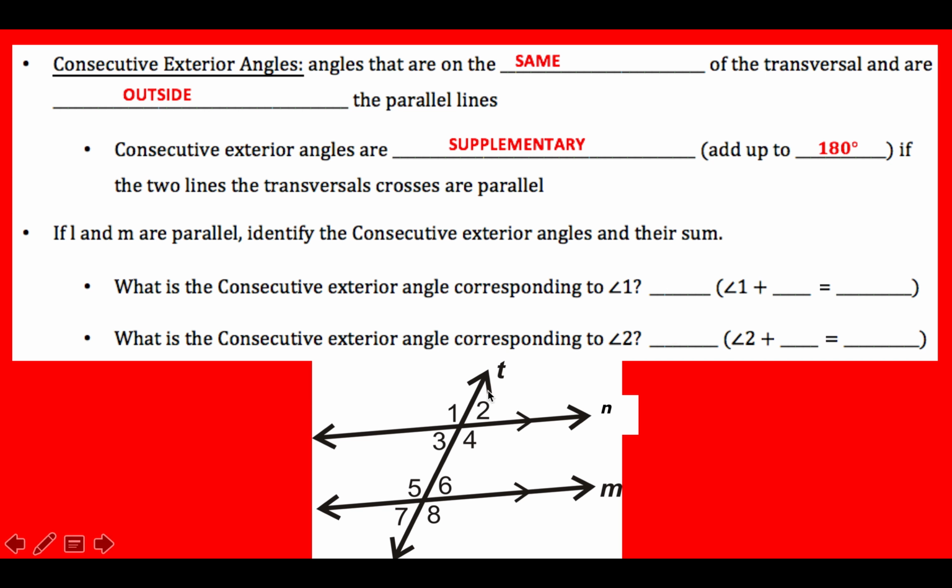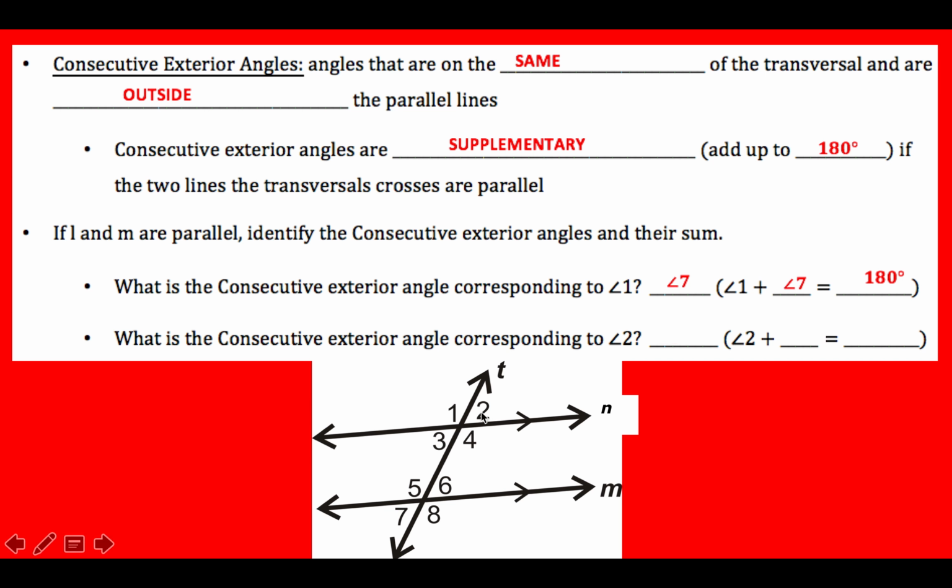Again, we want to start where angle 1 is and look to the opposite intersection. And we want the exterior angle that is going to add up to angle 1 to give us 180 degrees. Well, this is 7. Now we're going to look at angle 2.